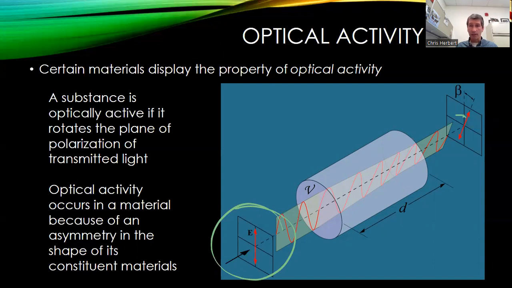It's not absorbing the polarization selectively, it actually rotates the axis a little bit, and this changes the orientation of the polarization. If the optically active material is large enough, I can actually rotate it a full 90 degrees or even 180 degrees.